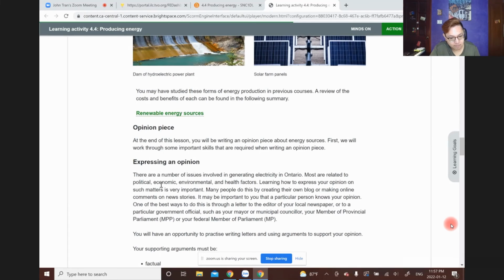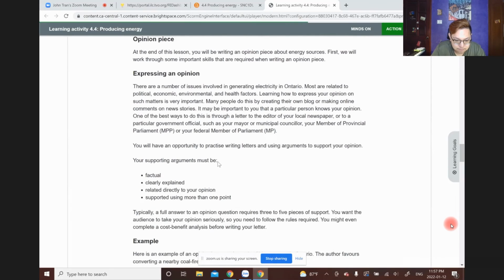One of the best ways to do this is through a letter to the editor of your local newspaper, or to a particular government official, such as your mayor or municipal councillor, your member of provincial parliament, MPP, or your federal member of parliament, MP.